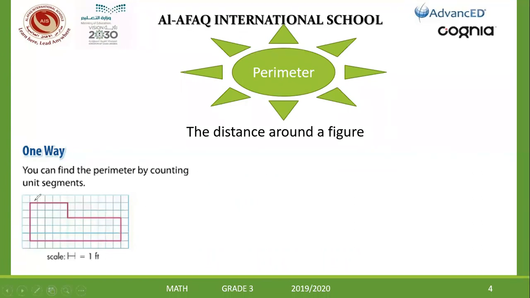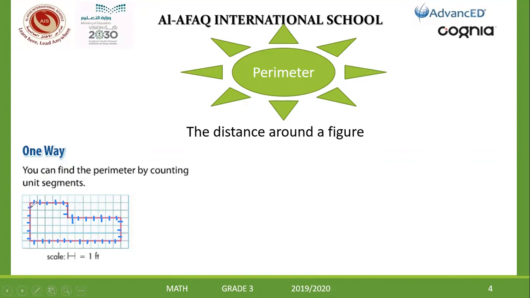Count all the unit segments that are making the figure: 1, 2, 3, 4, 5, 6, 7, 8, 9, 10, 11, 12, 13, 14, 15, 16, 17, 18, 19, 20, 21, 22, 23, 24, 25, 26, 27, 28, 29, 30, 31, 32, 33, 34.